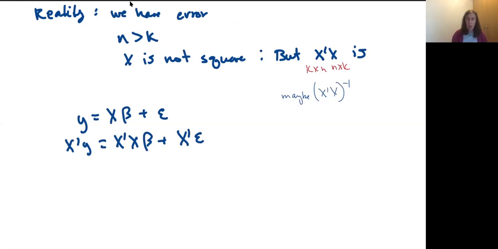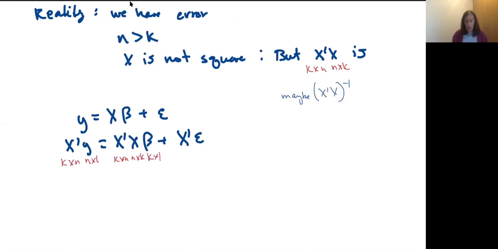So X prime, remember X is n by k, so X prime is k by n, and y is n by 1. Okay, so that checks. X prime is k by n, X is n by k, beta is k by 1. So X prime X gives me k by k.